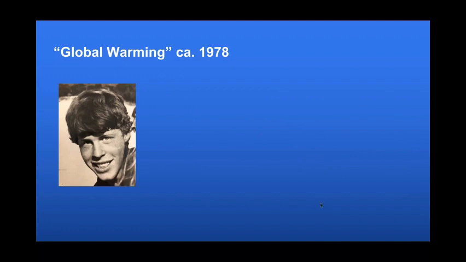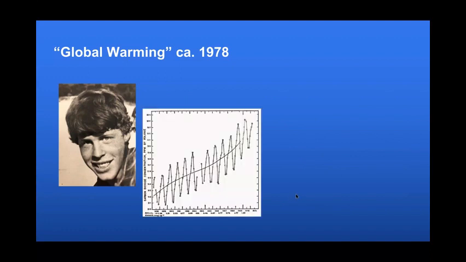They introduced us to this thing called the Keeling curve, which is a curve that shows an increasing carbon dioxide level and how it varies from one year to the next because there are more plants in the northern hemisphere. It goes up and down this way, and it was a very interesting thing.